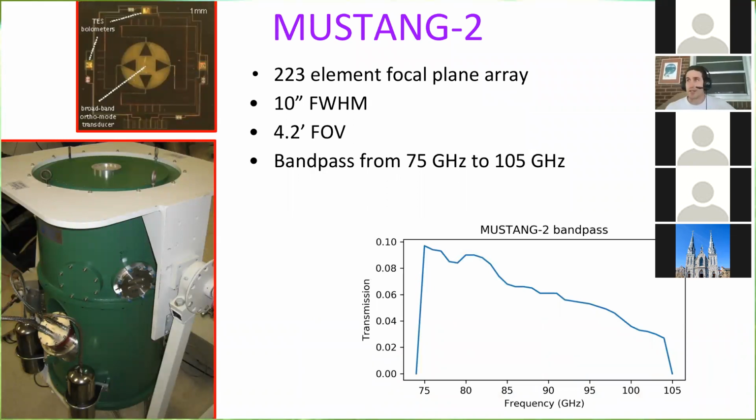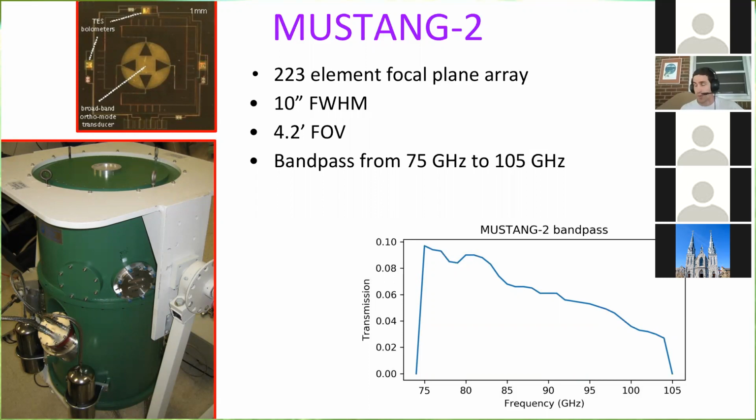And obviously, the first thing I'll start with is what is Mustang 2? So it is a 223 element focal plane array. Its detectors observe a continuum band between 75 and 105 gigahertz.